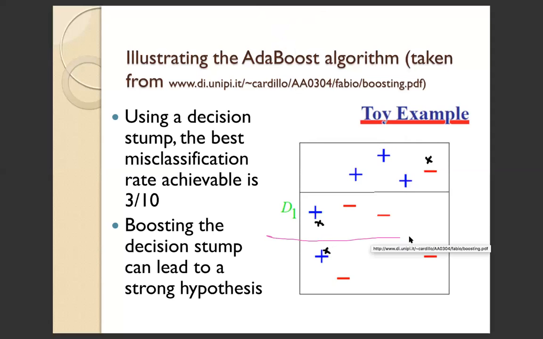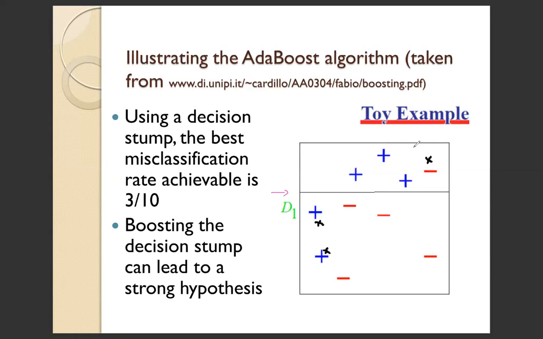No matter where you put it, let's say if you put here, and you classify everything as negative, this will be wrong. Then everything going up here, the positive will be right, but this will be wrong, wrong, wrong. So you make 4 mistakes. So the best position you can put your stump is here. Other places you will make more mistakes.